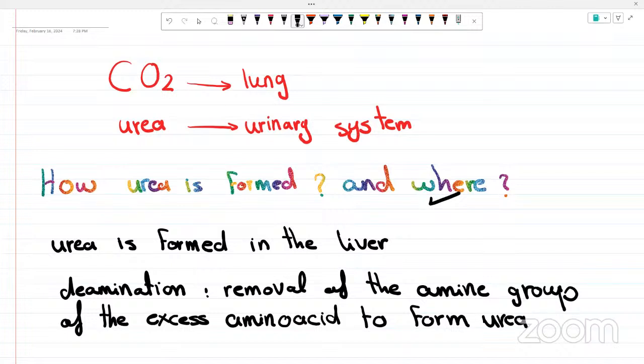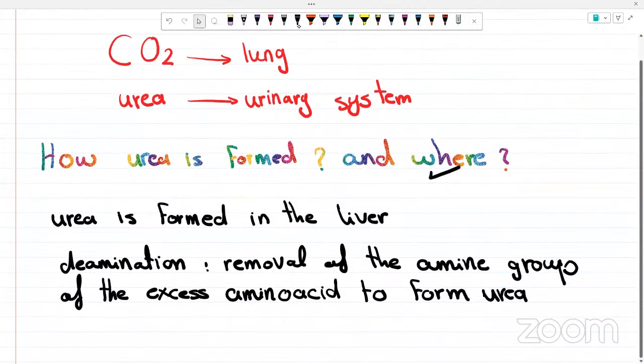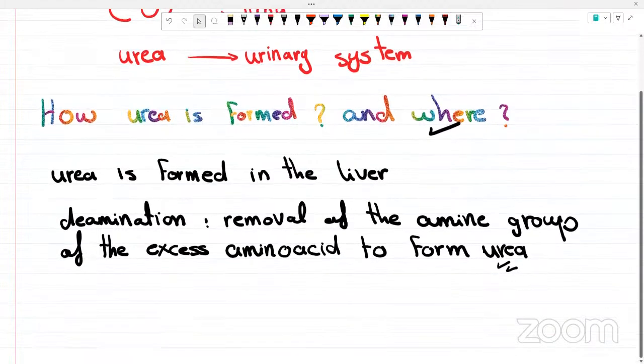Actually, it will form ammonia first, then ammonia will react with carbon dioxide to give the end product, which is urea. Then this urea will dissolve in the plasma of the blood and be carried by the blood till it is removed from the body in the kidney by the process of excretion.